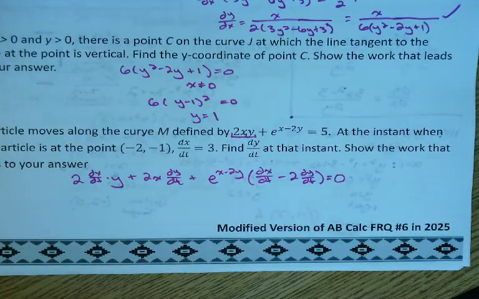This is different than other implicit differentiation because I am doing this with respect to time. That's why instead of spitting out over dx's, I'm spitting out over dt's.